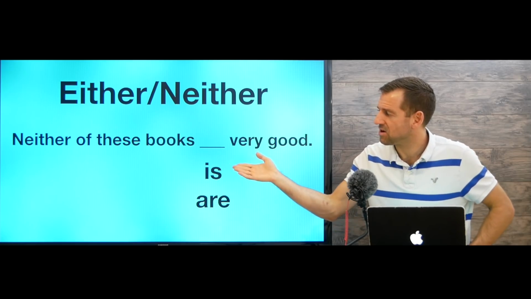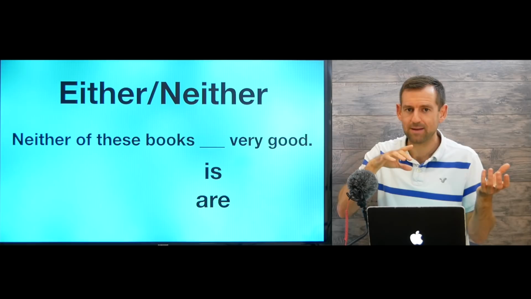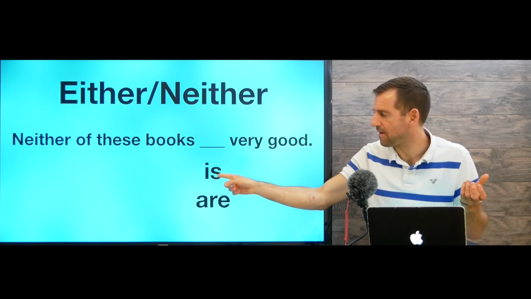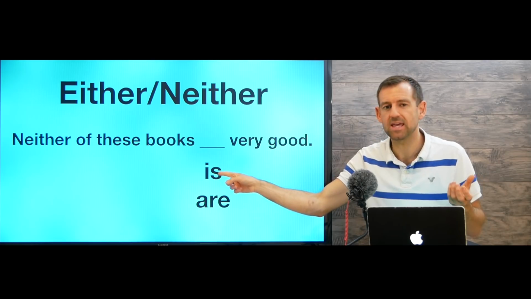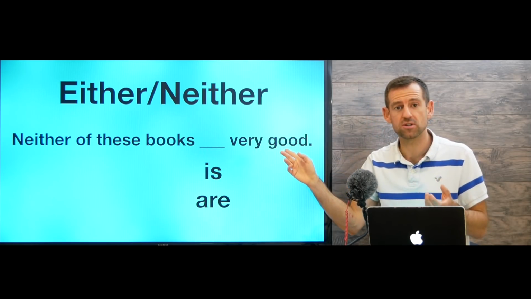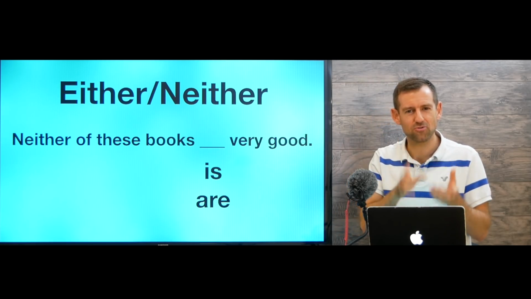I think, in normal English grammar, they would say if you use the word neither, then you should use is, right? So neither of these books is very good. Okay, I think that would be sort of like classic English grammar.